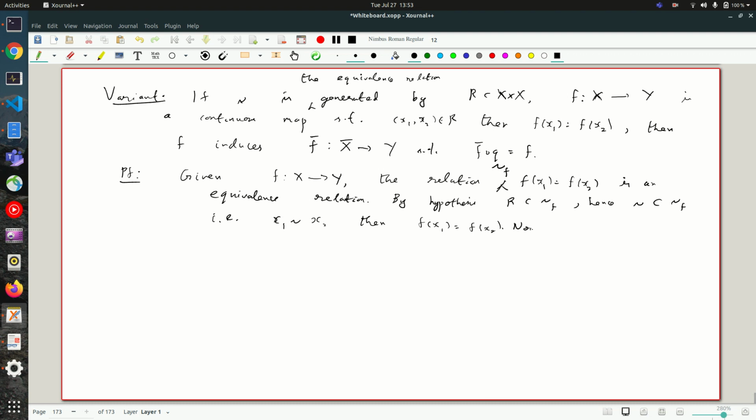Okay, now use the previous result. So we got a free upgrade from just any relation to an equivalence relation. Given any relation, and you're looking at the equivalence relation generated by that, we only have to check for those which are related in the defining set R. Symmetric and transitive closure is automatic, because equality of function values is closed under symmetry and transitivity, and is also reflexive. So this is the most usable form.